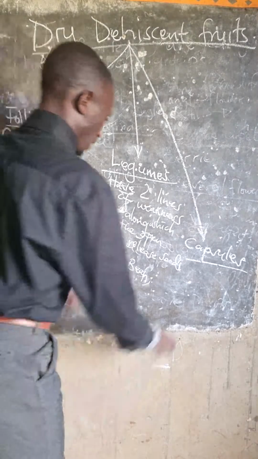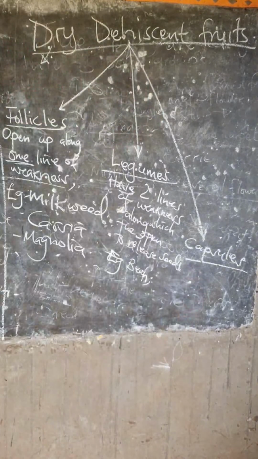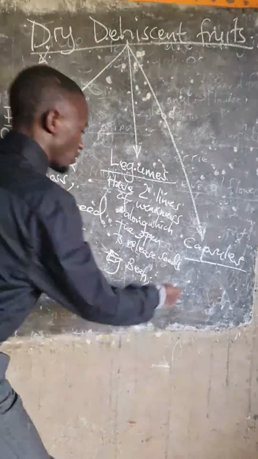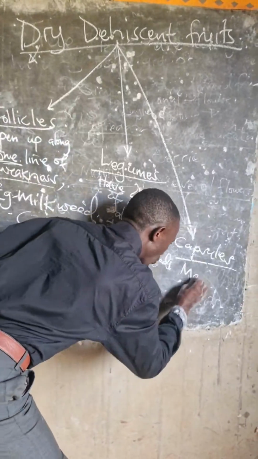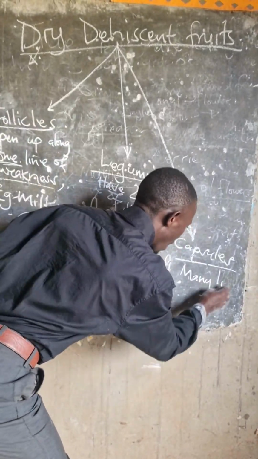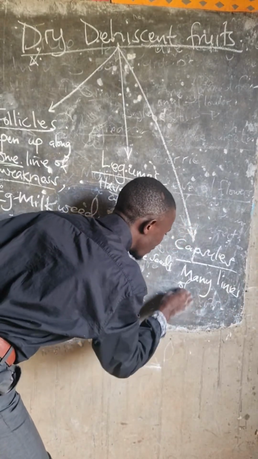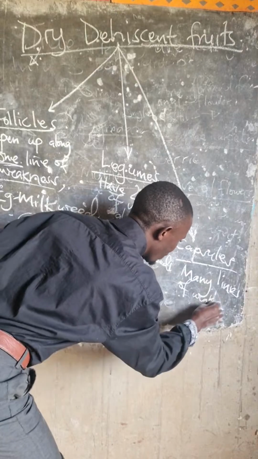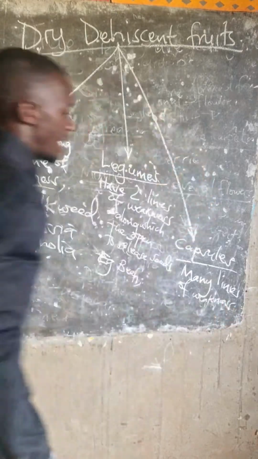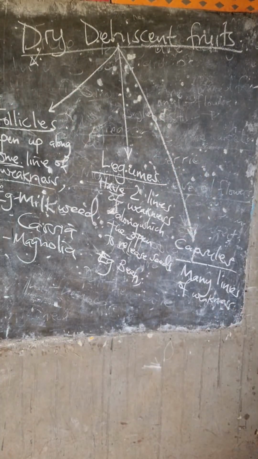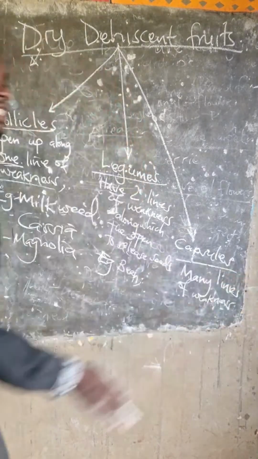The capsules, they have many lines of weakness along which they open to release the seeds.